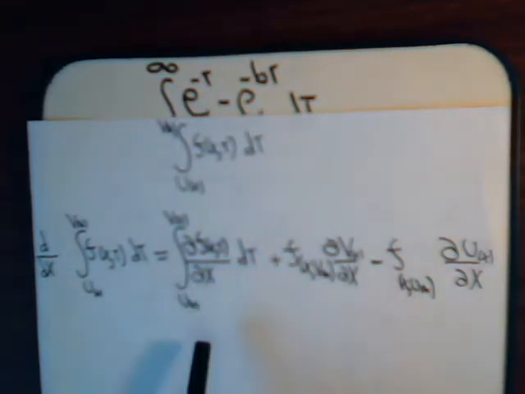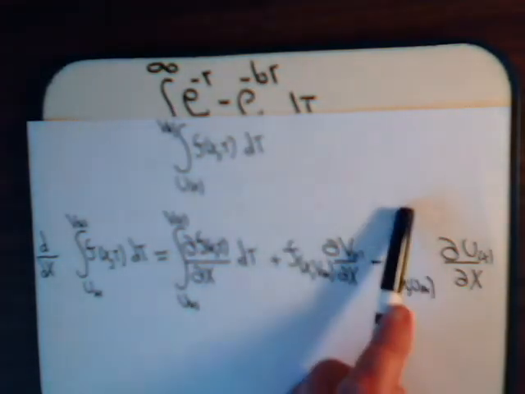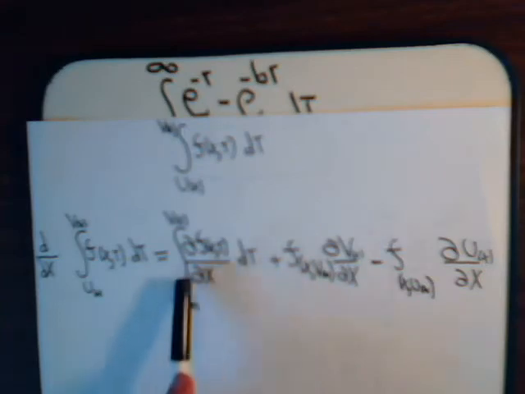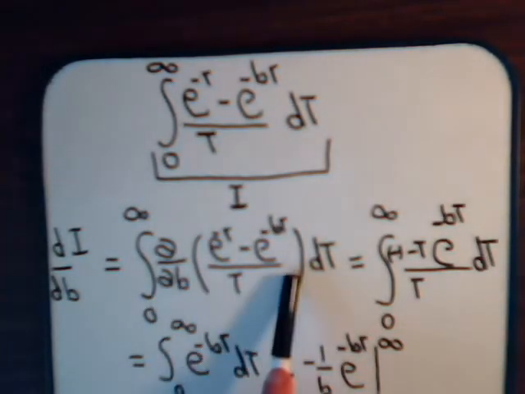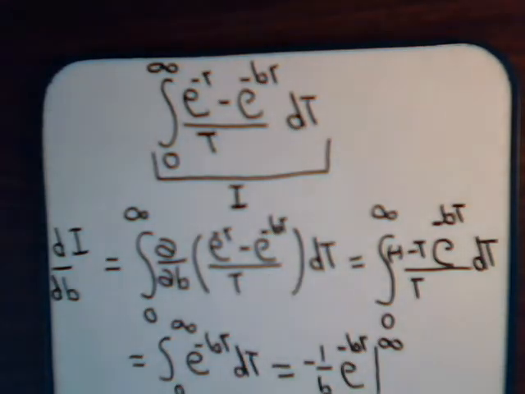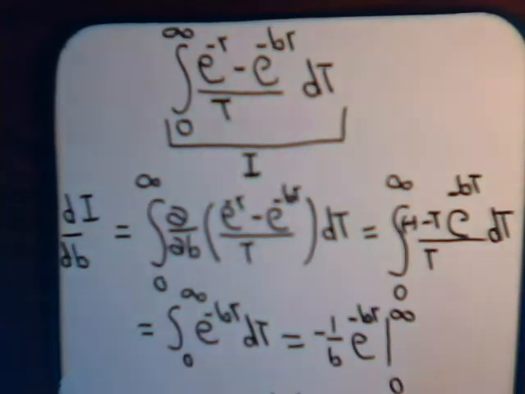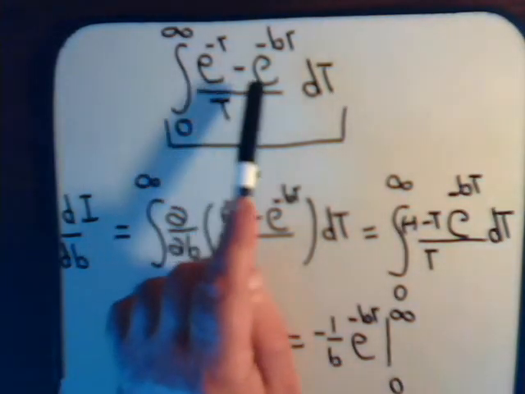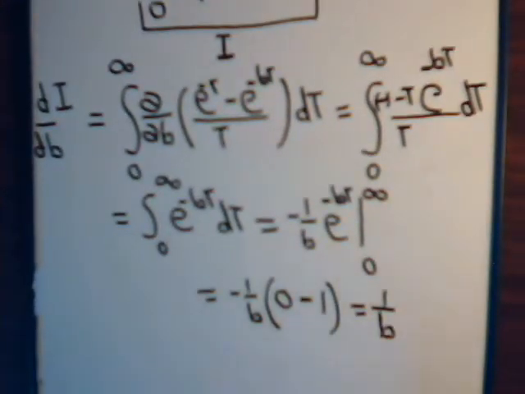But now, because these limits in our problem are constants instead of functions, these two terms are 0, so we only have this term to work with, and that we have right here. Then taking that partial derivative gave this expression. We integrate, we have this. So then what we have is the derivative of this integral with respect to b equals 1 over b.